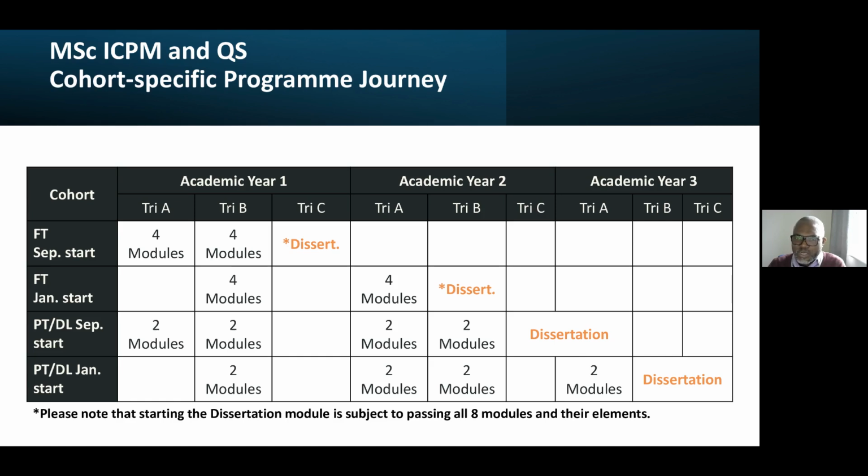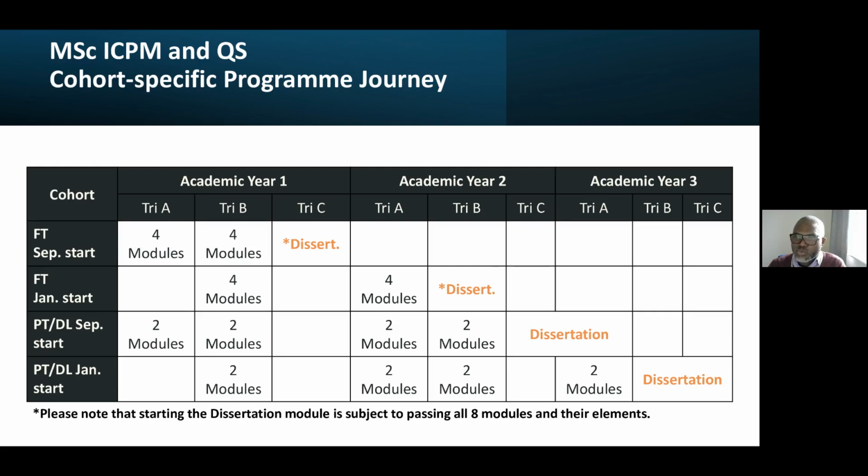If the part-time starts in January, it follows the same pattern as the ones that started in September, 2 taught modules until they complete their dissertation. So it takes longer to complete as a part-time or a distance learning student.